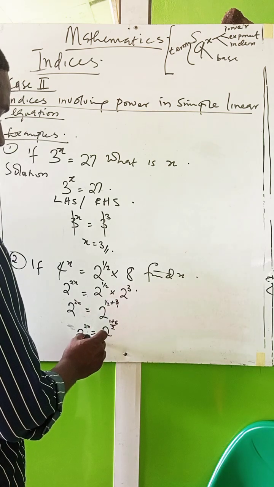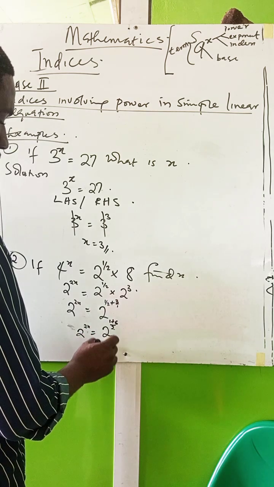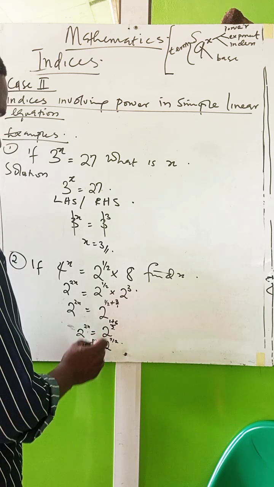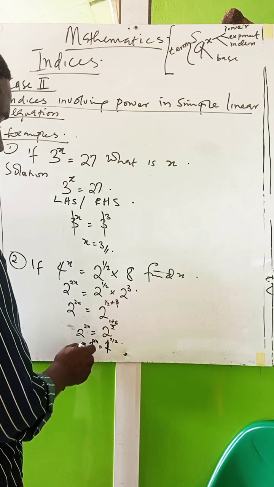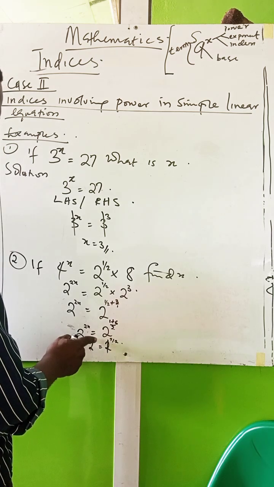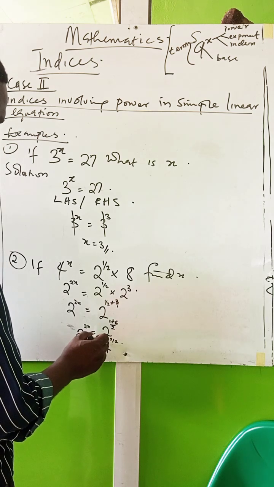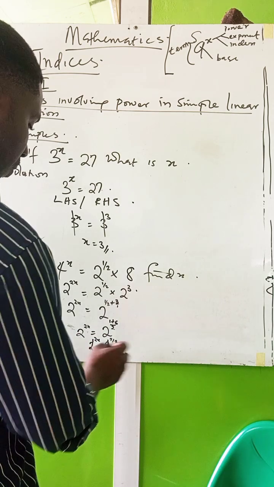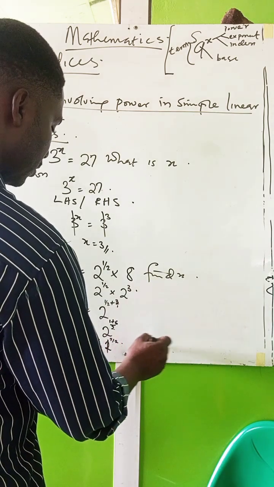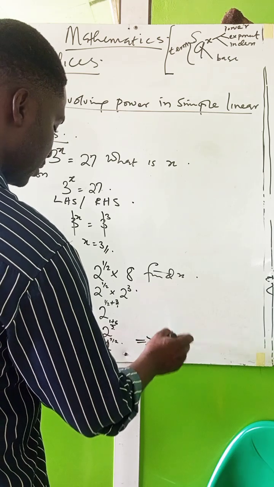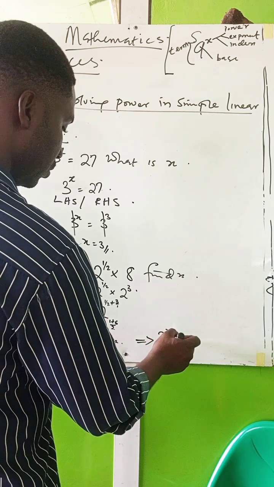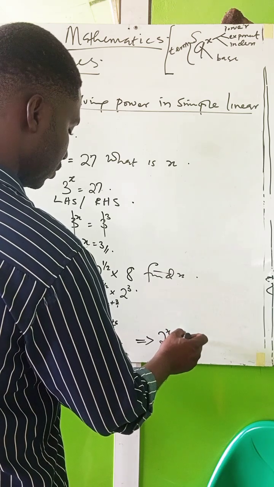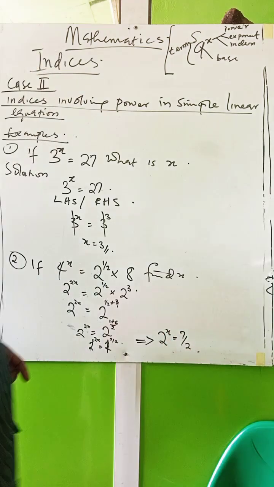This is 2 raised to power 2x equals 2 raised to power 7 over 2. Our 2 can go. Then we have 2 raised to power x equals 7 over 2.